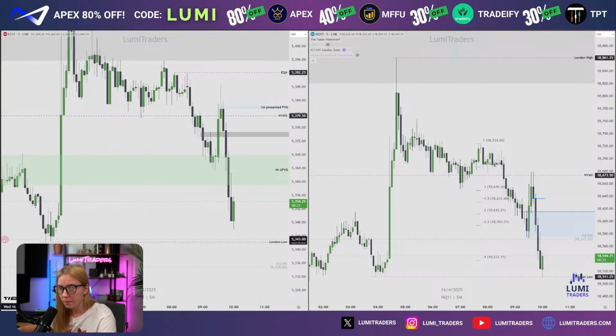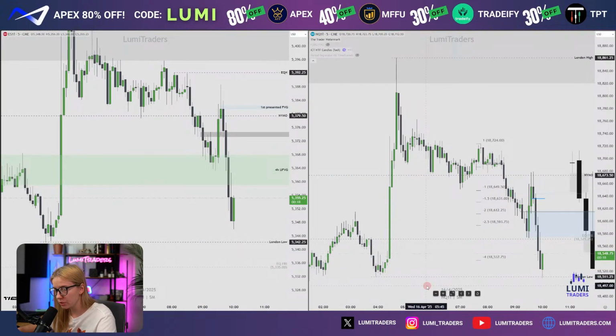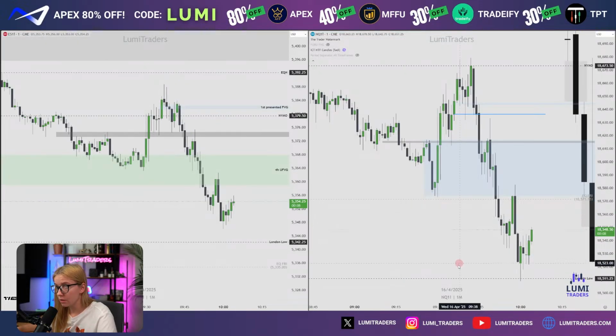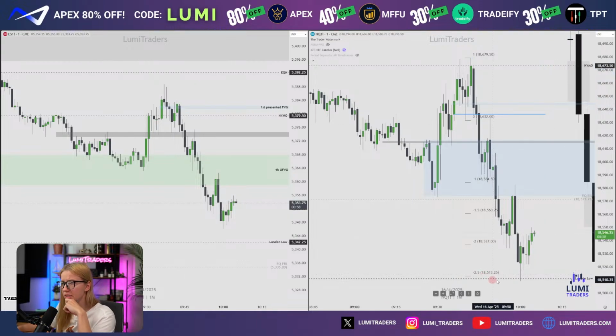Interesting SMT. From what I see, London low on both ES and NQ was equal lows. So equal lows taken on NQ so far, failed to be taken on ES. Let's pull projection because it's pretty much power of 3 right here. Market maker sell model. Interesting reaction from 2 and 2.5 so far.